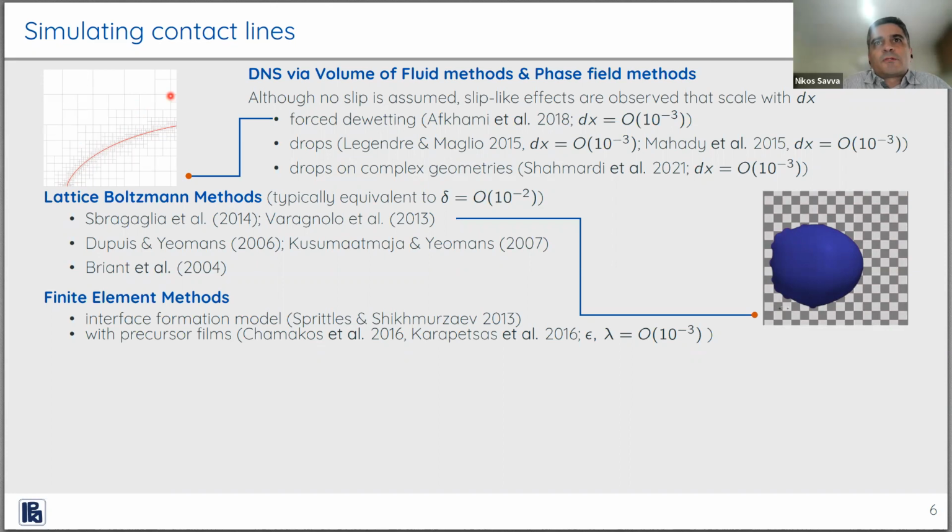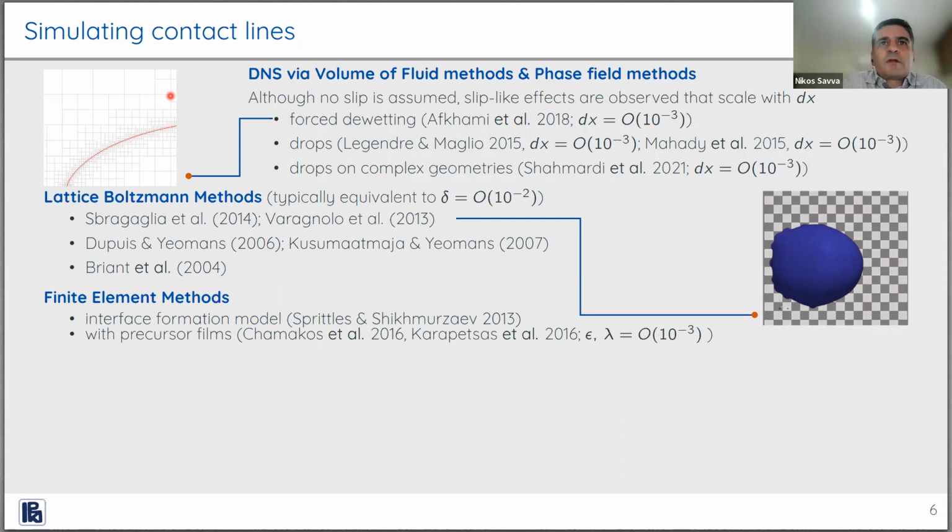Then there are lattice Boltzmann methods, which are massively parallel, so they can scale very well. They were originally intended to capture low density ratios and mesoscale dynamics, because this is not really the Navier-Stokes equation, but mostly for mesoscopic effects.